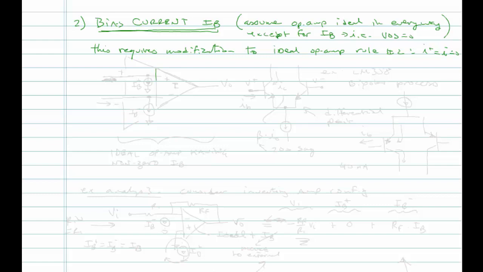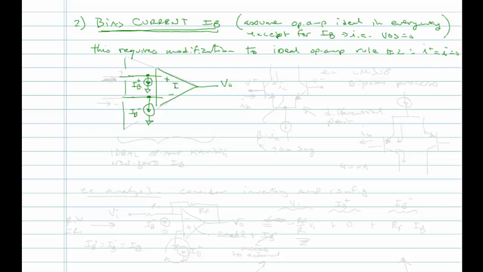So how do we model this? I'm going to go straight to giving you a model. Here's an ideal op-amp, and we're going to add 2 independent current sources to it, IB plus and IB minus, corresponding to the non-inverting and inverting inputs.